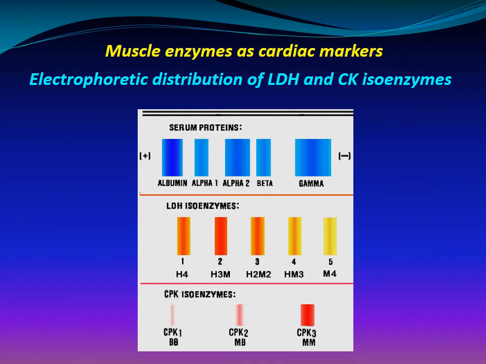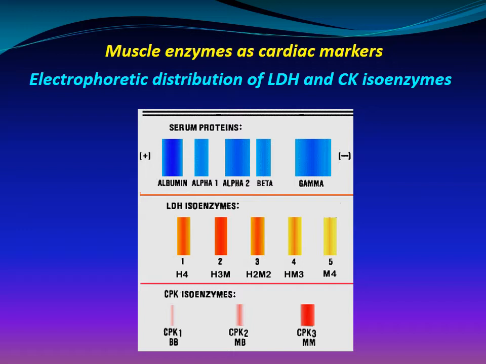Muscle enzymes as cardiac markers: electrophoretic distribution of LDH and CK isoenzymes. The LDH isoenzyme distribution in normal serum is characterized by the major band being LDH2. When total LDH activity is increased from muscle or liver disease, LDH5 becomes predominant.